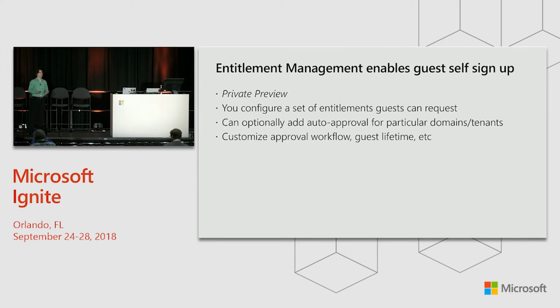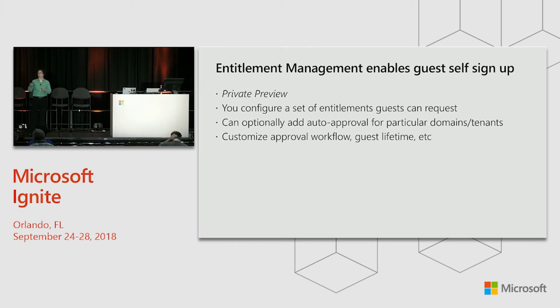And if you're in that situation, you can set up entitlement management to have a set of entitlements that you want that partner to have. So maybe access to certain apps, maybe membership in certain groups, access to certain SharePoint sites, and have them all bundled together in a single entitlement for the guest to access.